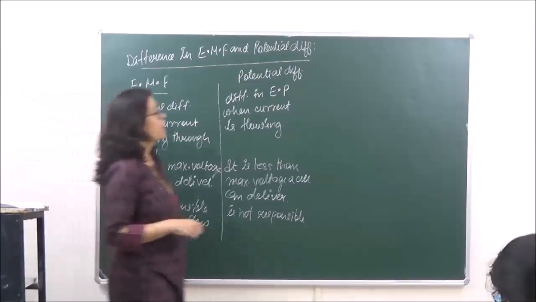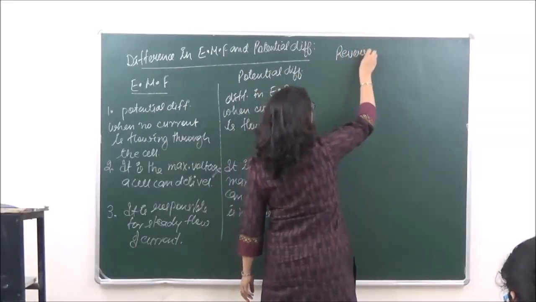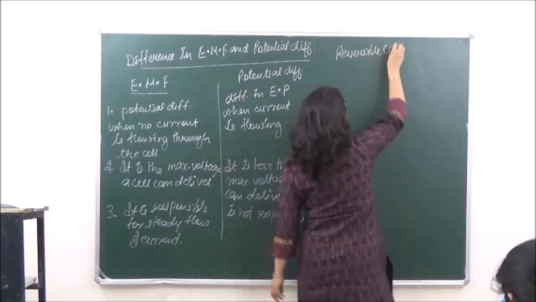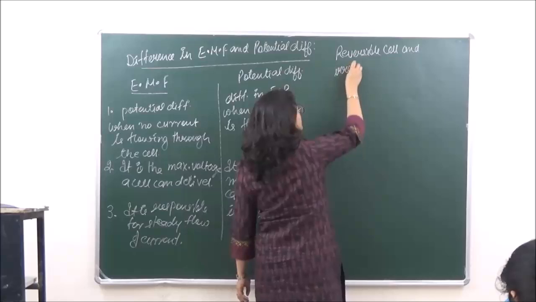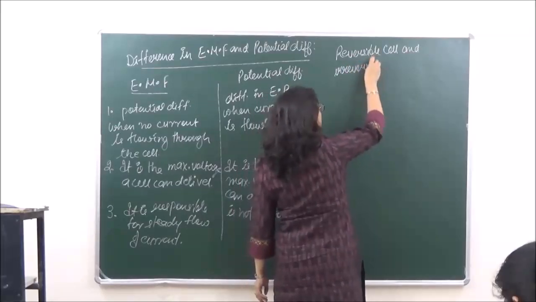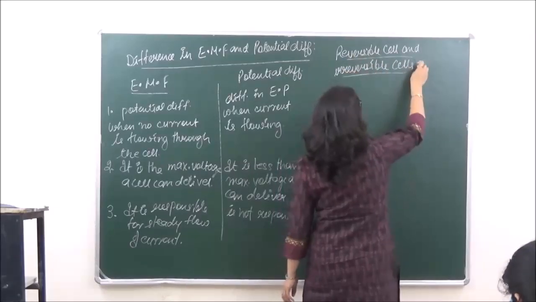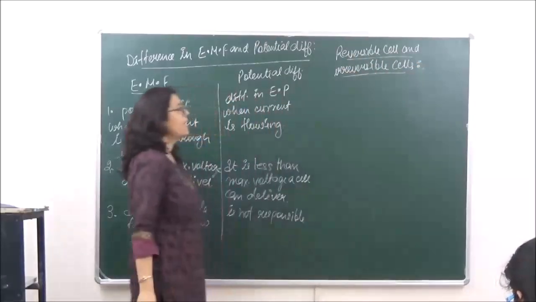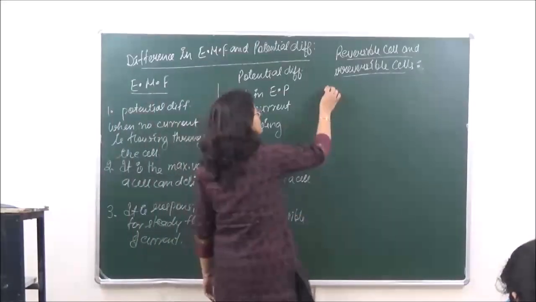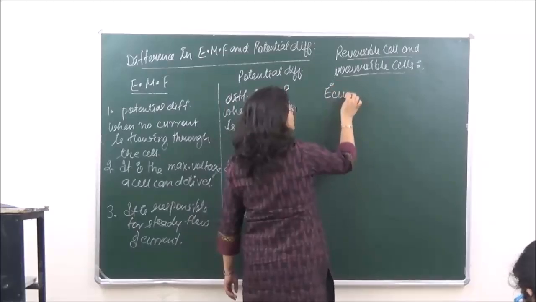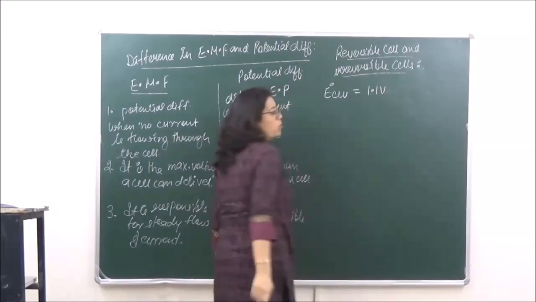Then we have another kind of cells, one which is known as reversible cells and irreversible cells. What do we understand by these two terms? If we are talking of the galvanic cell, the E naught cell for the galvanic cell is calculated or measured as 1.1 volt.